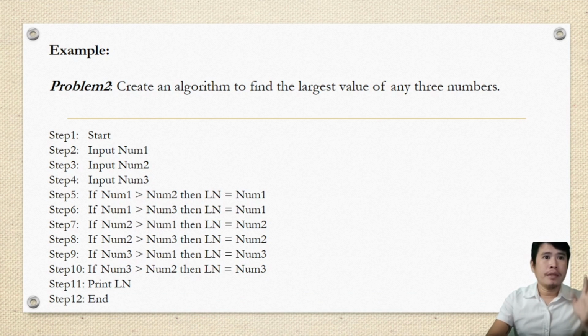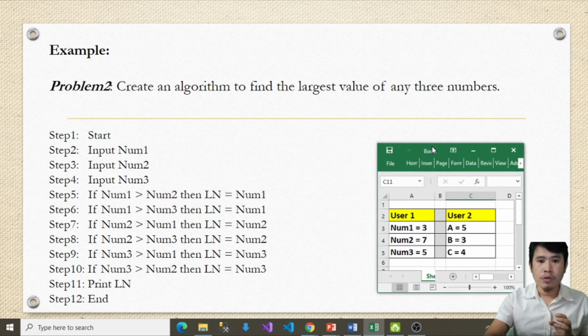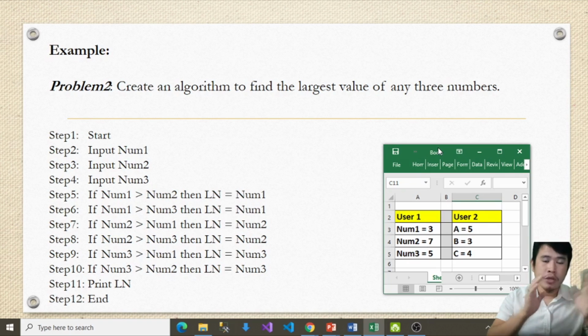Now, to check if the algorithm is correct, we have to use a sample value. Okay. Take note that you cannot command the user on what number they should input. Okay? Now, let's try to put a value, for example, user 1.